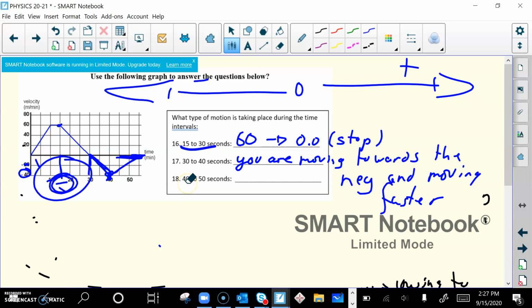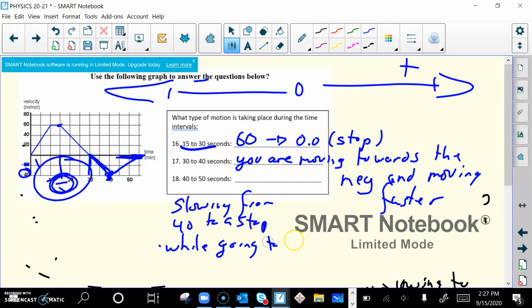So from 40 to 50, you're slowing from a speed to a stop while going to the negative. Or some of y'all, you're going in reverse. So you're going backwards. Cool. All right.